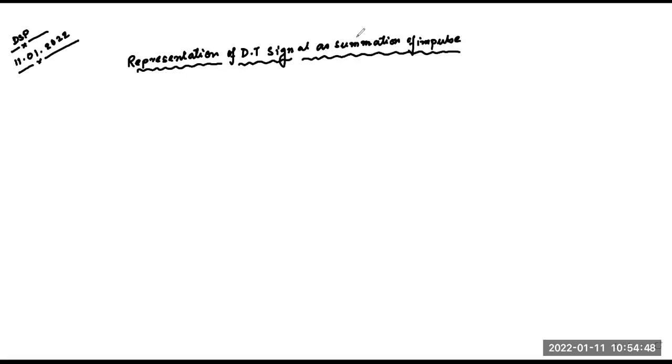A discrete time signal can be expressed as summation of impulse, and this concept will be useful to prove the response of the discrete time LTI system. And the response of the discrete time LTI system can be determined using discrete convolution.